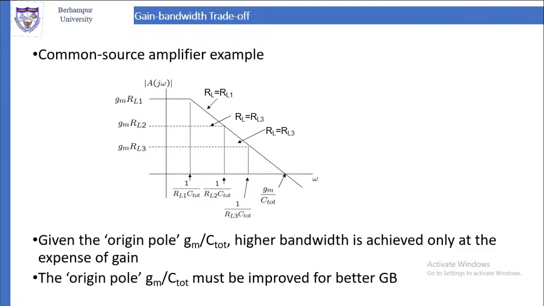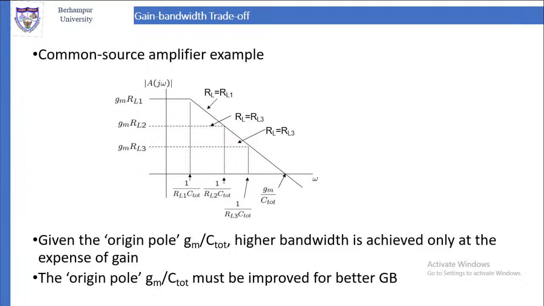Power is half, or gain is, as you know, power is half. Power is equal to V square by R. So depending on that, 1 by root 2. V square by R, if you take R constant, gives V square.